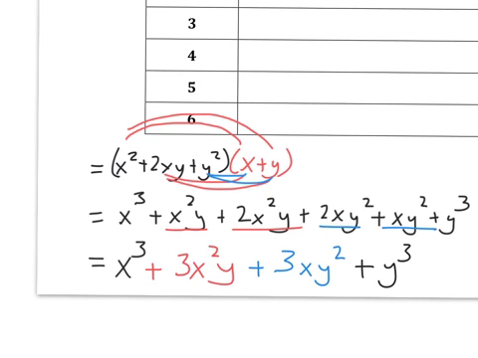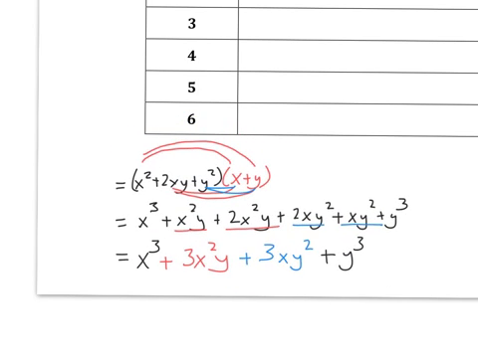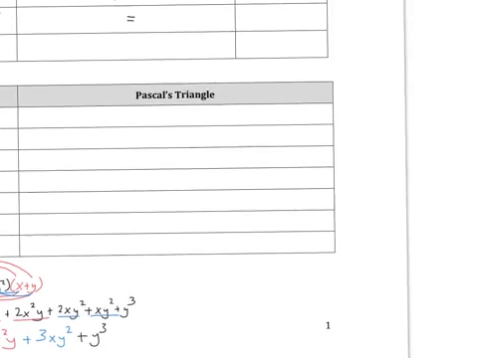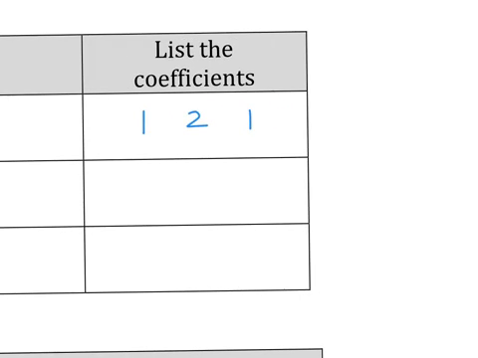So notice what started out as 6 terms combined to be just 4 terms. So what are my leading coefficients here? I have a 1, 3, 3, 1. So I'll put that here: 1, 3, 3, 1.